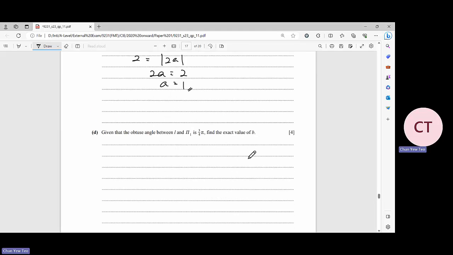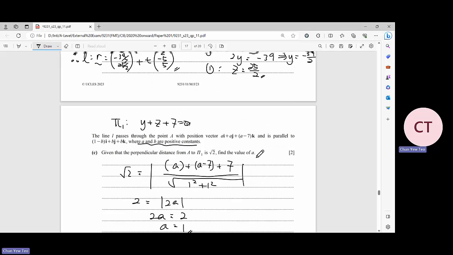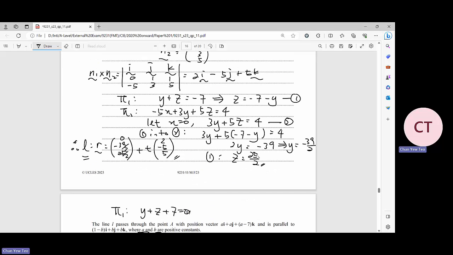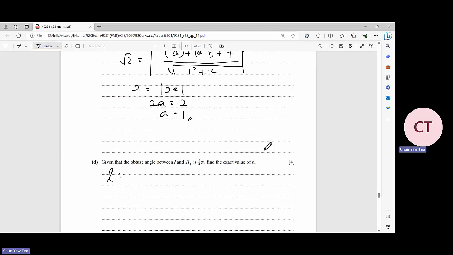Then now we move on. D. Given that the obtuse angle between L and pi 1 is 3/4 pi, find the exact value of b. Okay, so for line L, this line L is different than the one that we have here. This line L is the one that I found just now, but this line L is the one that's given in the question. So for the line L, let me write down.